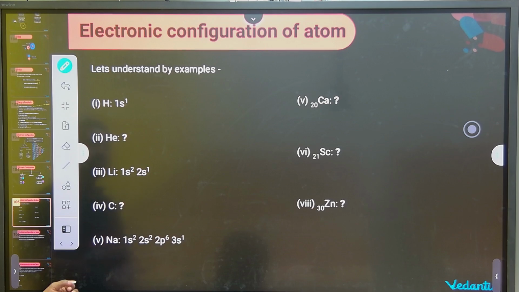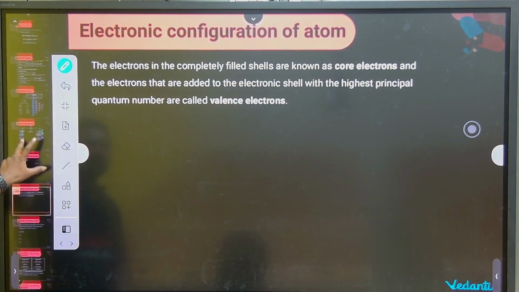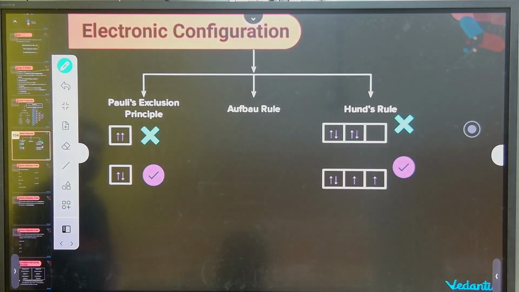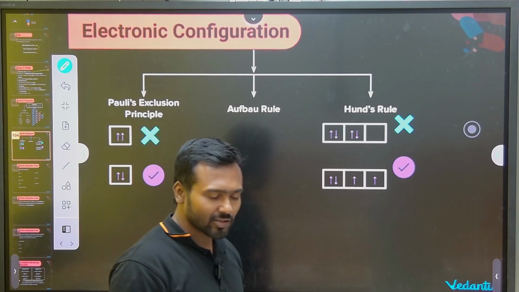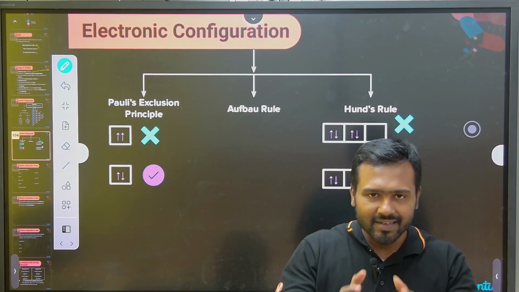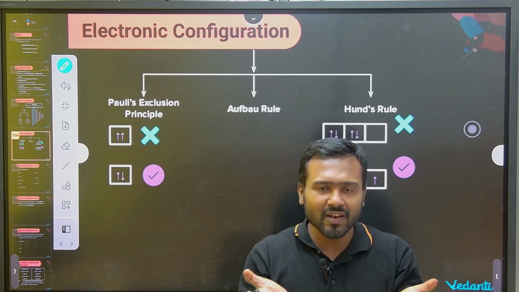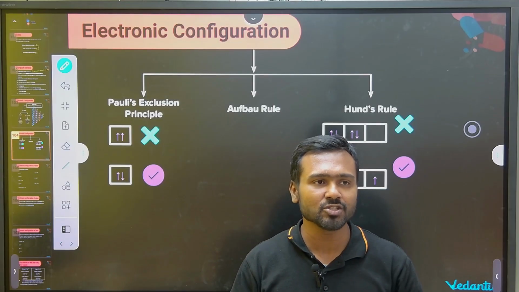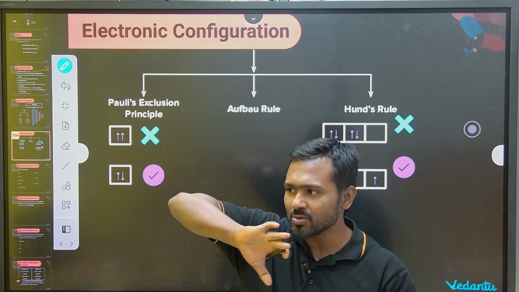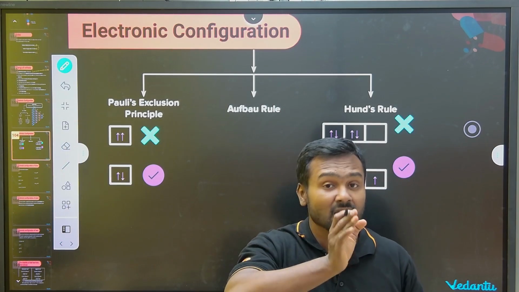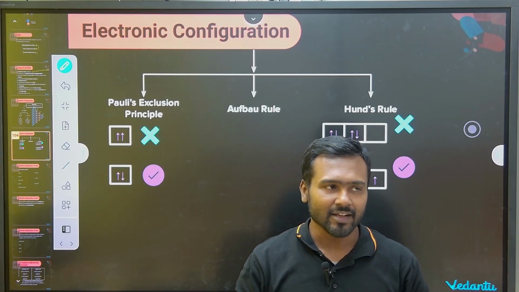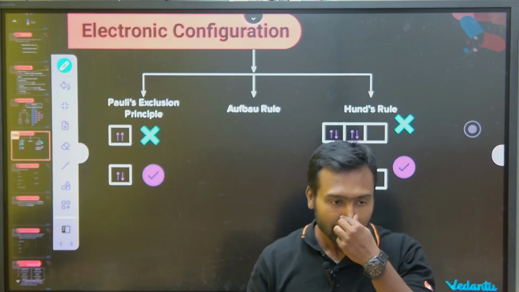Right? These are examples. And Hund's rule, what is Hund's rule saying? You have to fill the electrons in degenerate orbitals. First you have to fill one electron each. Single electrons should be filled one by one in all degenerate orbitals with the same spin. Actually the students here have some confusion.